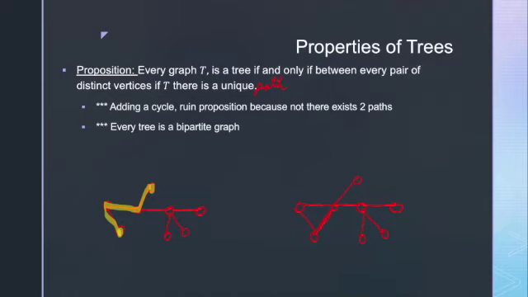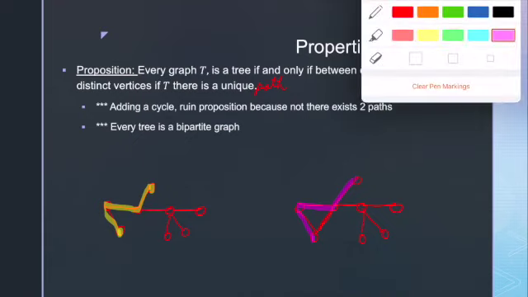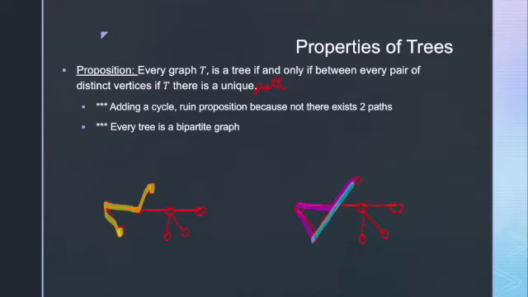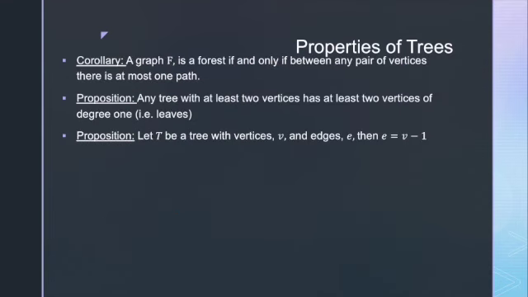And let's say I add a path here and I want to find a path from here to here. I could go this way or I could go this way. There's not a unique path. So it's important to note that you can't add a cycle. It would ruin the proposition. It's also nice to know that every tree is a bipartite graph. Fun fact.